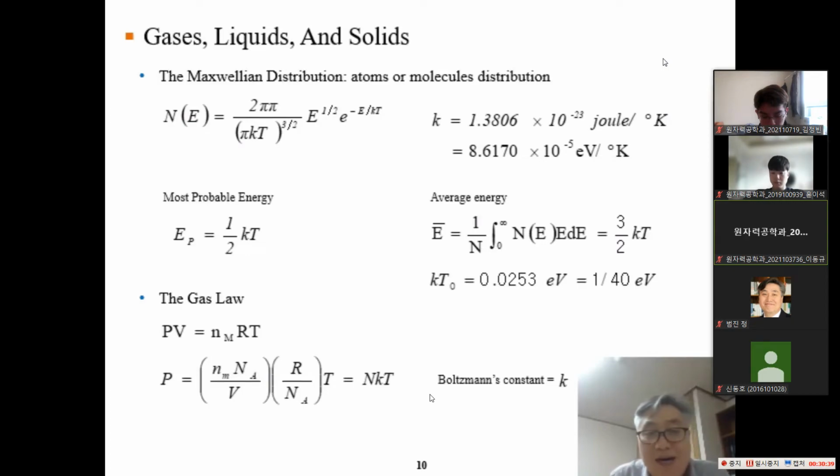By the way, this is the equation for distribution. The most familiar distribution is the normal distribution, 정규분포. Normal distribution means the number of elements behaves normally.